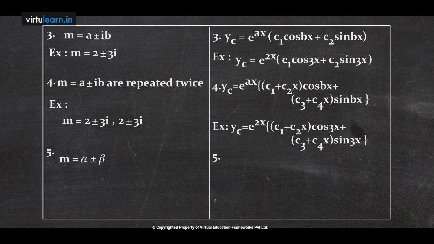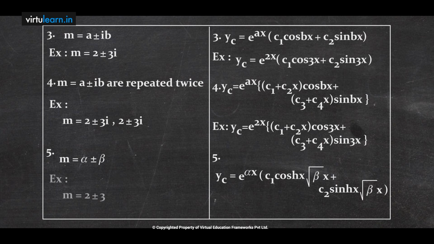Then the formula is yc equals e power alpha x into c1 cosh root beta x plus c2 sinh root beta x. Now suppose 2 plus or minus root 3 is there, then the answer is yc equals e power 2x into c1 cosh root 3 x plus c2 sinh root 3 x. This is the hyperbolic function.